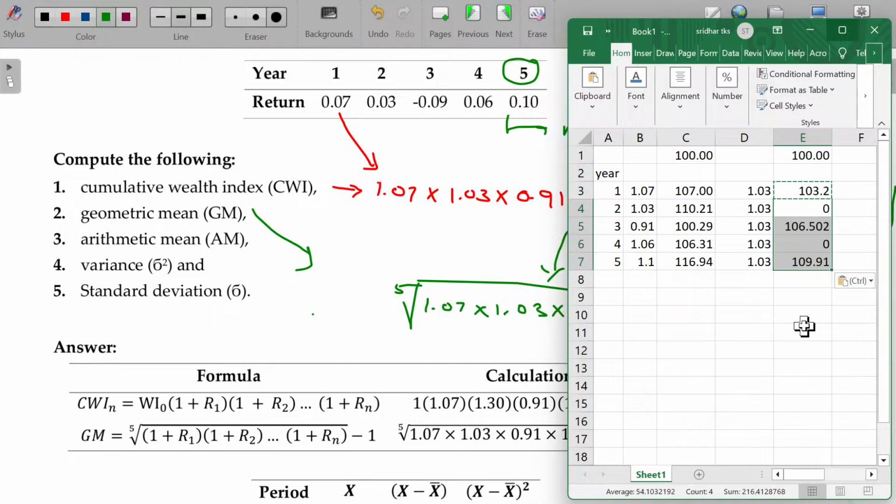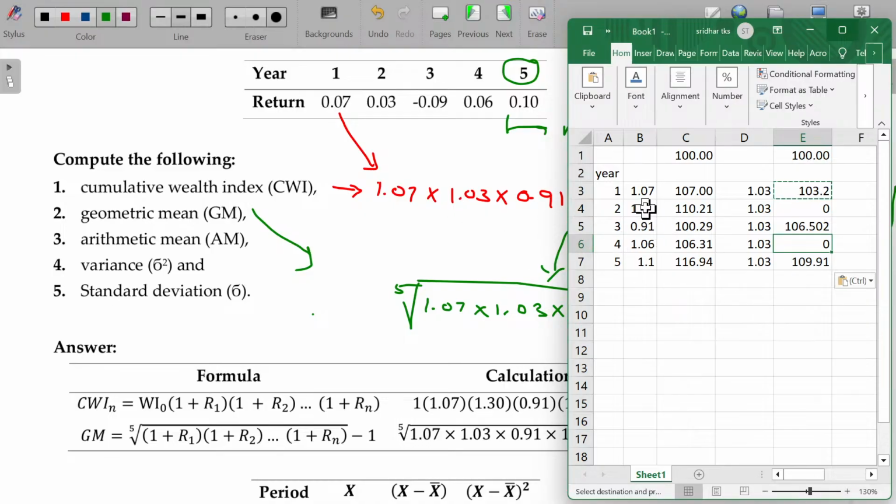Repeat this. It's almost 109.9. This is the small difference between the cumulative wealth index and geometric mean.